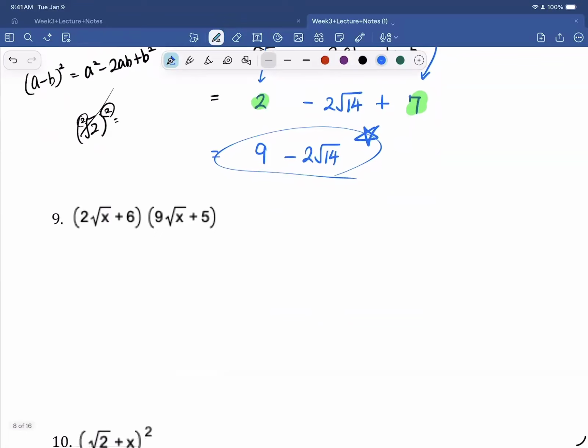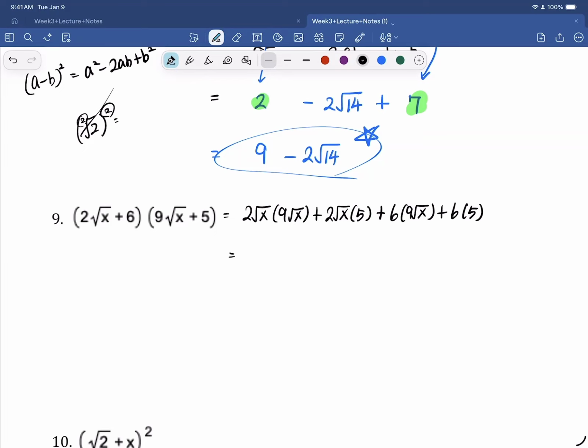And then these are 2 binomials, right? Two terms. So I think the FOIL is the only method, like that. And then plus 2 square root of x times 5. And then 6 times 9 square root of x, and then 6 times 5, like that.